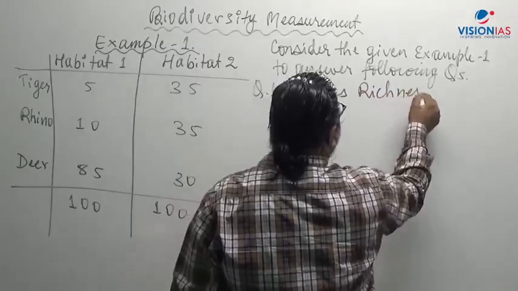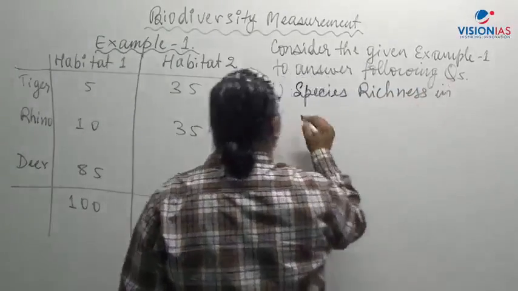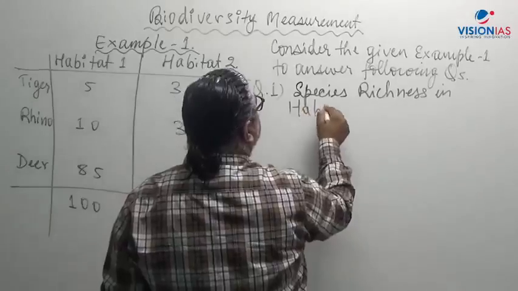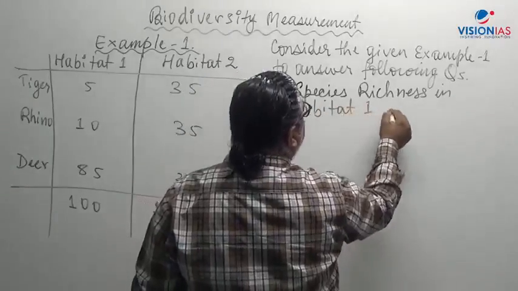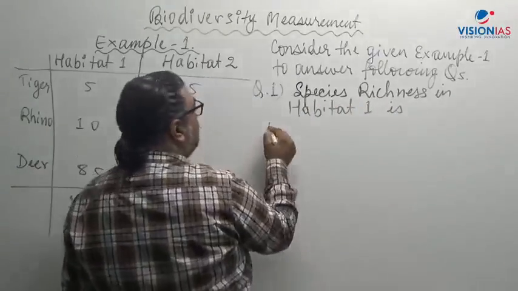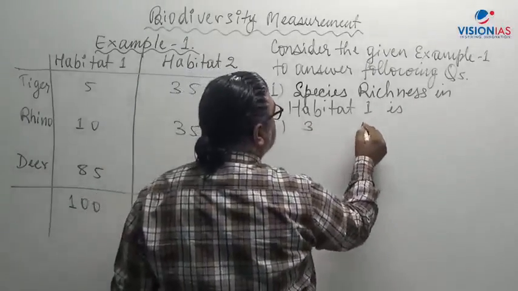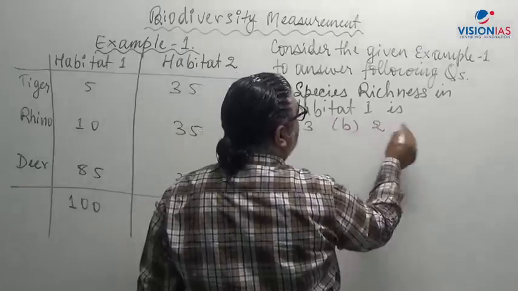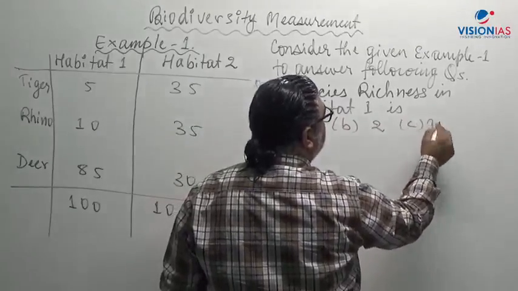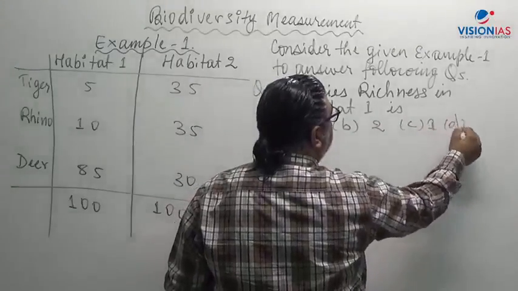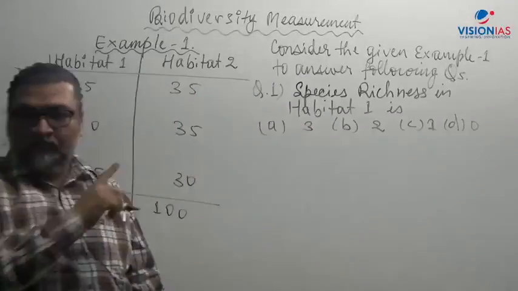Species richness in habitat 1 is: A, 3; B, 2; C, 1; D, 0. This is the first question.